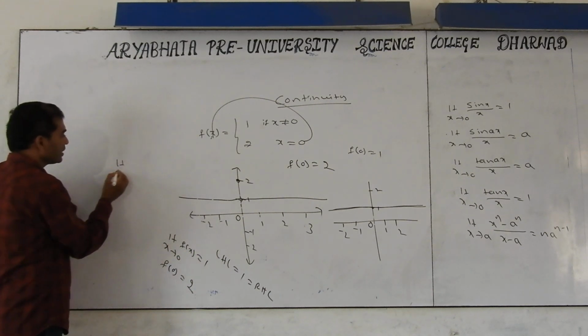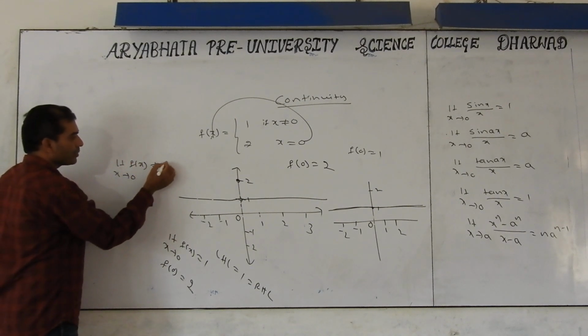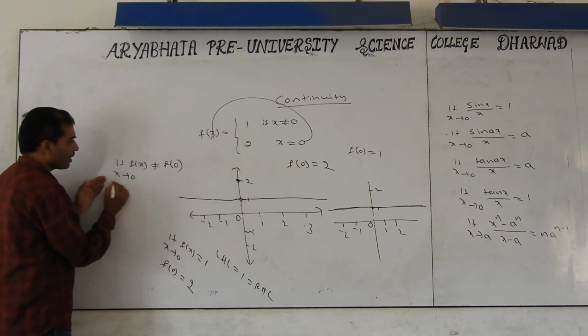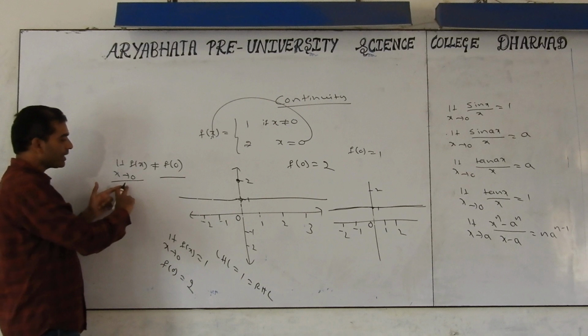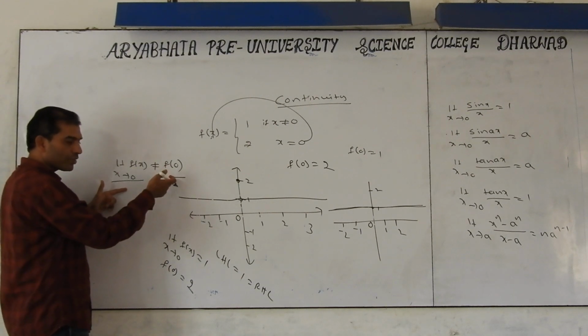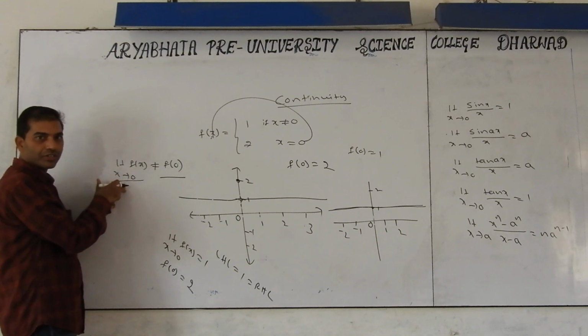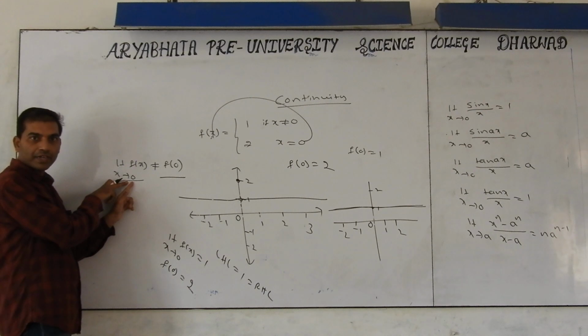So limit x tends to 0 of f of x is not equal to f of 0. This is called the limit value and this is called the function value. So when the limit value is not equal to the function value, the function is not continuous at 0.